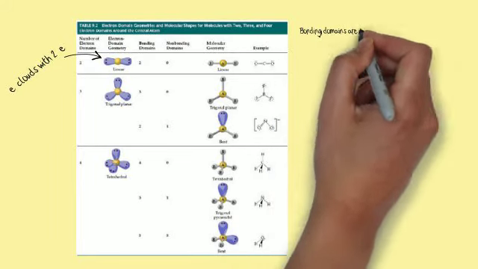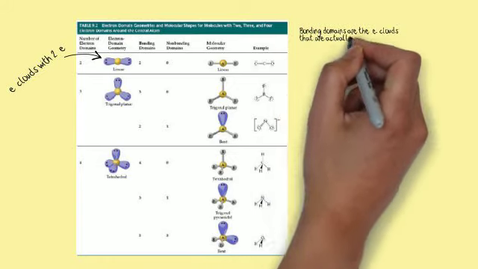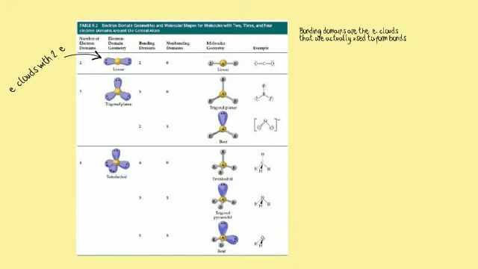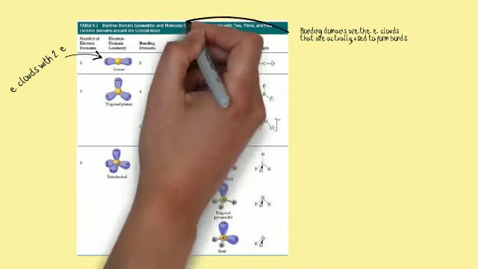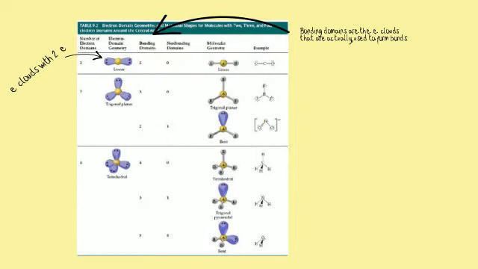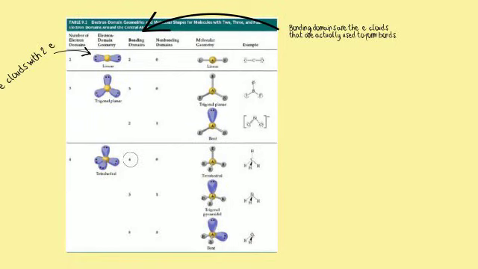So for the first example, we are looking at CO2. The bonding domains are the electron clouds that are actually used to form bonds. Since it's using all the bonding domains, it has no non-bonding domains or unshared pairs of electrons. Tetrahedral shape is using all four, as you can see.